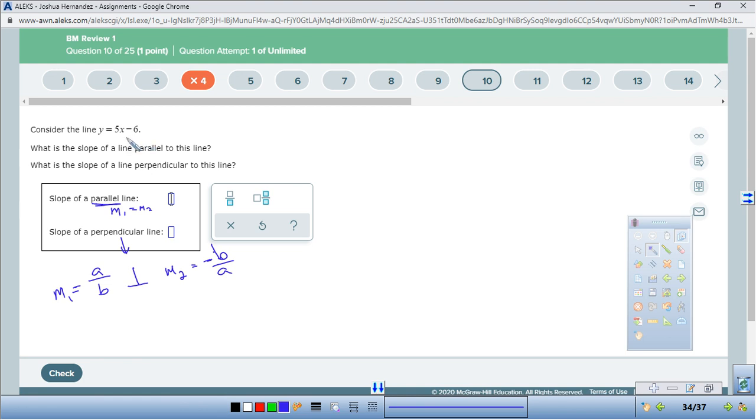What's the slope of the line parallel to this one? The slope of the line parallel is going to be m equals 5. Perpendicular, so that one right there, make sure you know perpendicularness. That is really 5 over 1. For it to be perpendicular, we're going to flip it over and make it negative. So for this one right here, m will be negative 1 over 5.